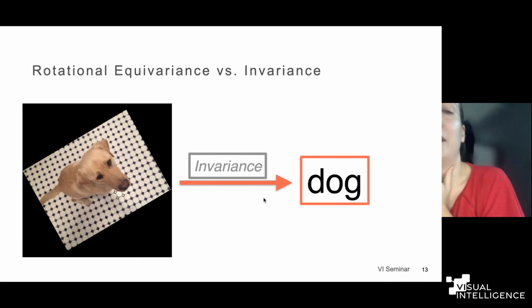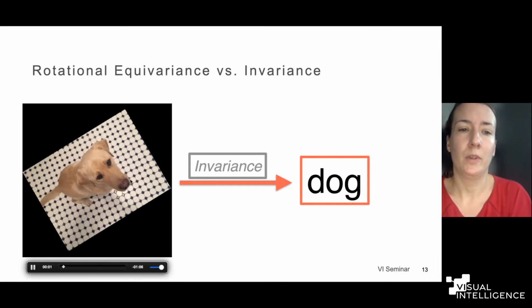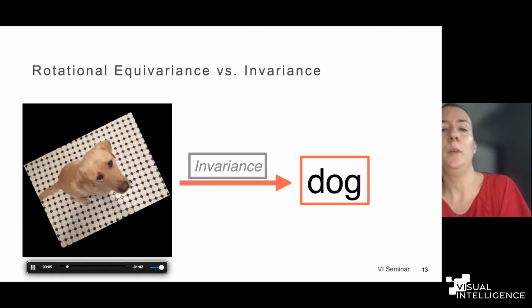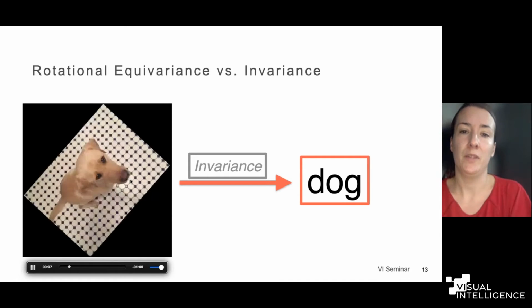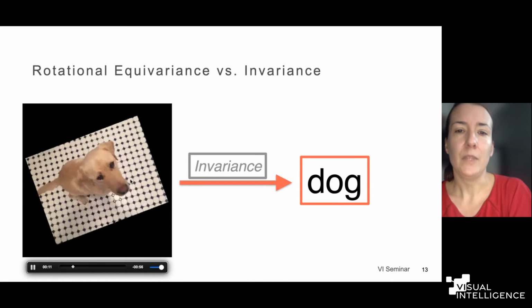For classification tasks, for example, if that's my downstream task, I usually want some invariant mapping as a network. So when my input, this dog here, rotates, I still want my label to be the same no matter in which rotation I give this input. And that's rotational invariance in that case.